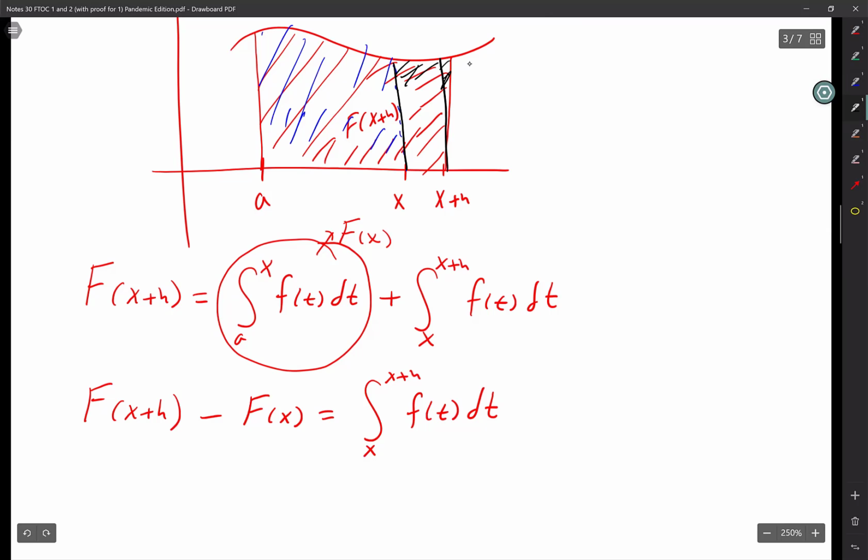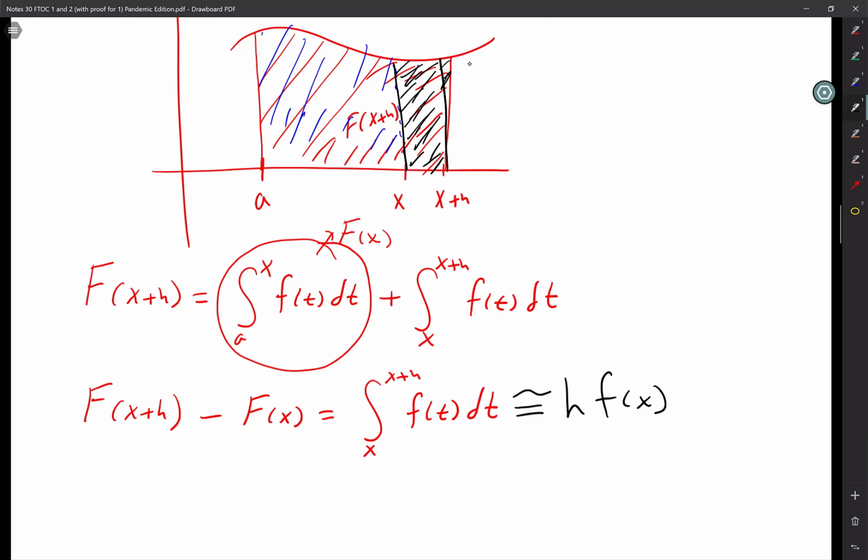Do you guys agree that I'll just have that sliver there in black? That sliver is nothing more than approximately h times f of x.